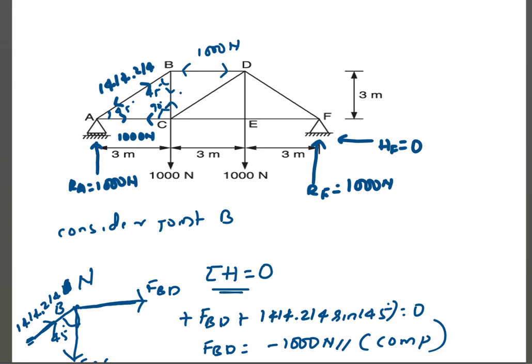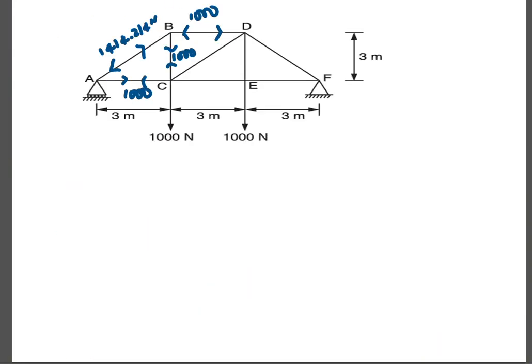So 1000 Newton. So in this way we got the type of force and its magnitude present in the members FBD and FBC.